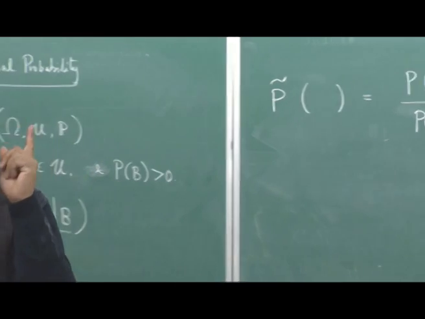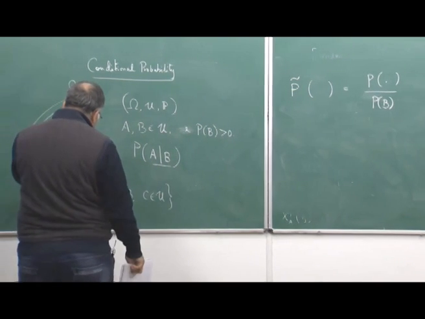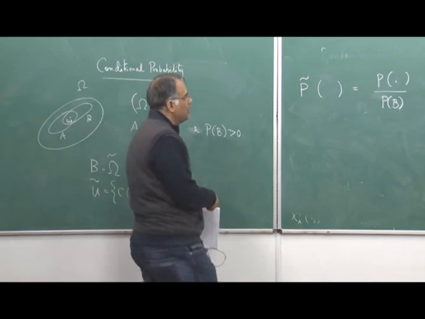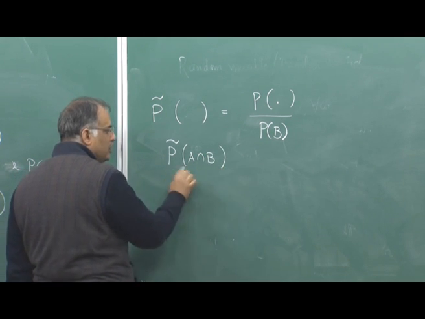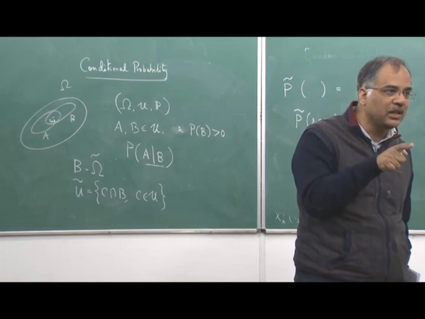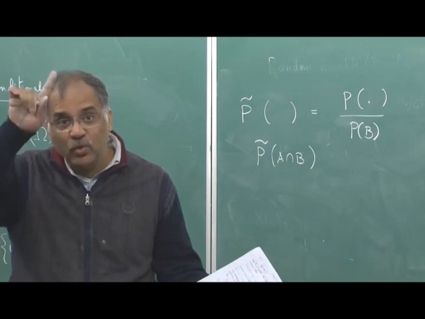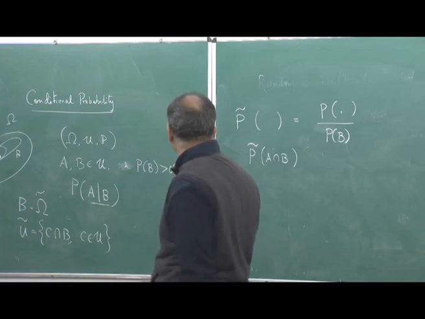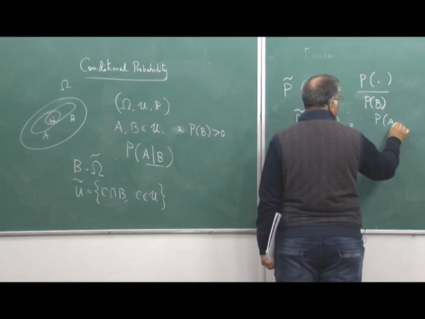But A intersection B is actually an event in U, whereas here I am considering some sort of subset of the events in U. Now if I want to consider P tilde of A intersection B, that is, under this new probability measure, what is the joint occurrence of A and B? That is exactly what we are seeking, a new probability measure. Now my sample space has changed, it is no longer omega, but it is omega tilde, which is nothing but equal to B, the event B, right. So by this definition this is equal to the probability of A intersection B divided by P of B.